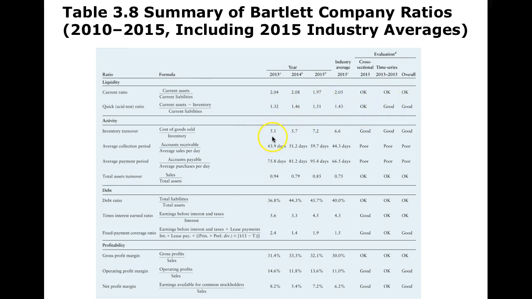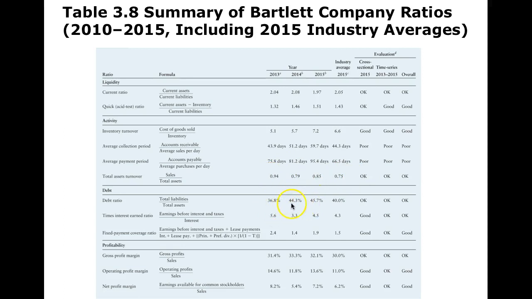So for all the ratios, inventory turns are going up, and we're beating the industry, so we're good in all categories here. But collection periods are going up, and we're higher than the industry, so that is poor, because we want low collection periods. And if we look at total asset turnover, we see that our total asset turnover is better than the industry, but we're not improving much in this area.